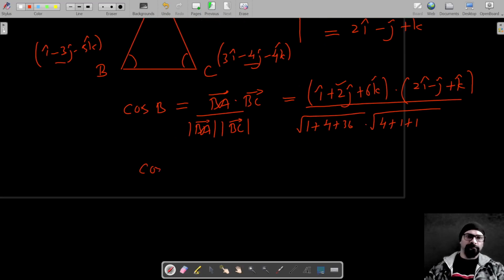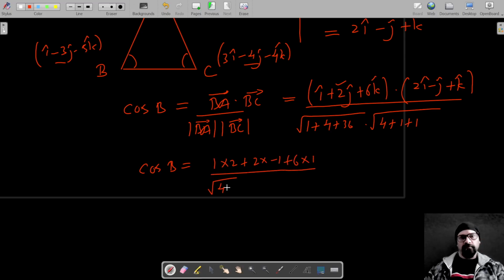So cos B is equal to 1 into 2 plus 2 into negative 1 plus 6 into 1, upon root 41 upon root 6.